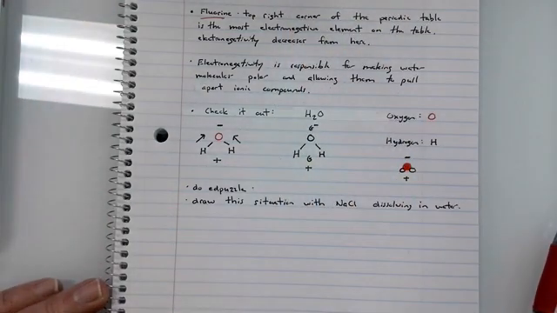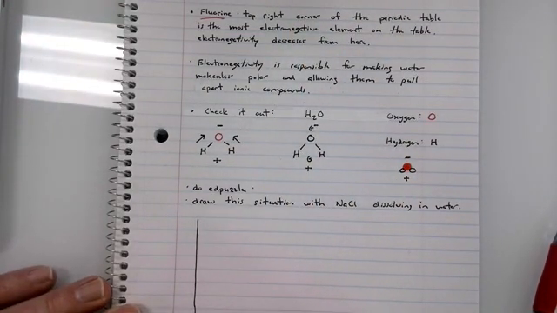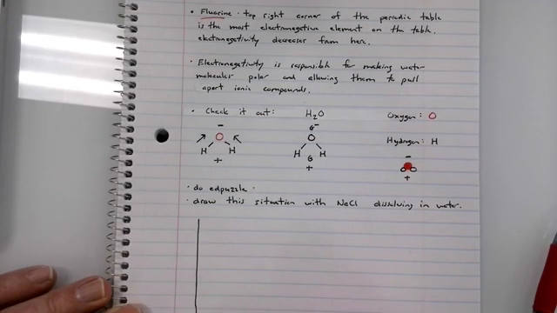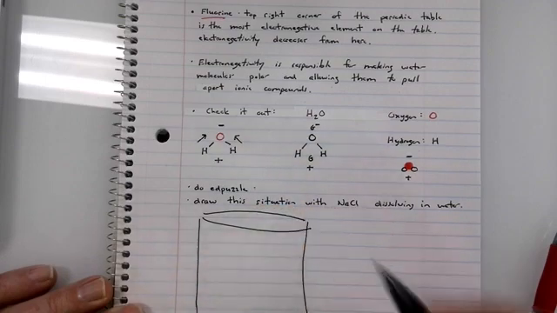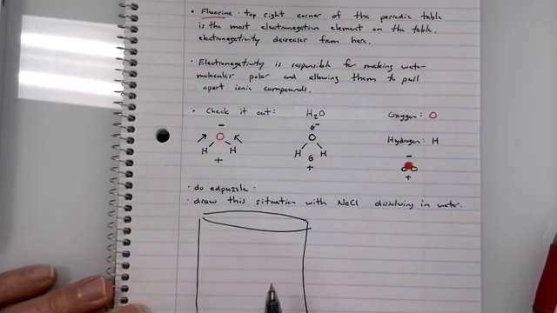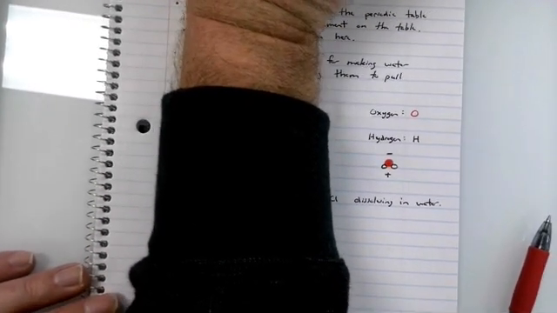Okay, to recap here and to keep going, to show NaCl dissolving in water, we've got a big beaker, and we've got NaCl, or a chunk of NaCl, in our beaker. And we have these water molecules slowly dissolving the NaCl.